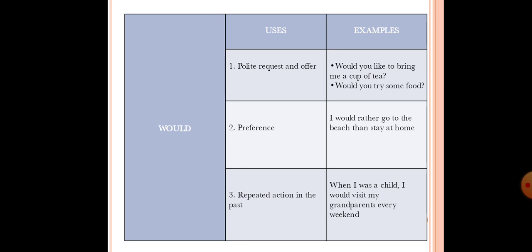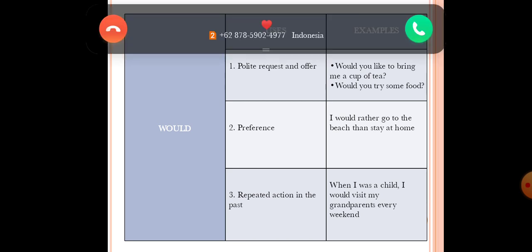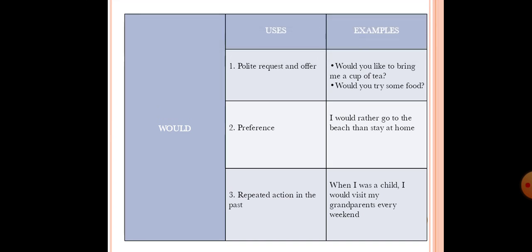Saya lebih suka pergi ke pantai daripada di rumah. And number 3, repeated action in the past. Example, when I was a child, I would visit my grandparents every weekend.